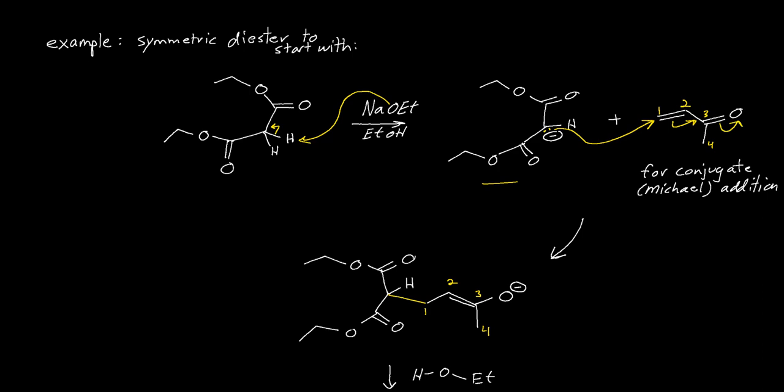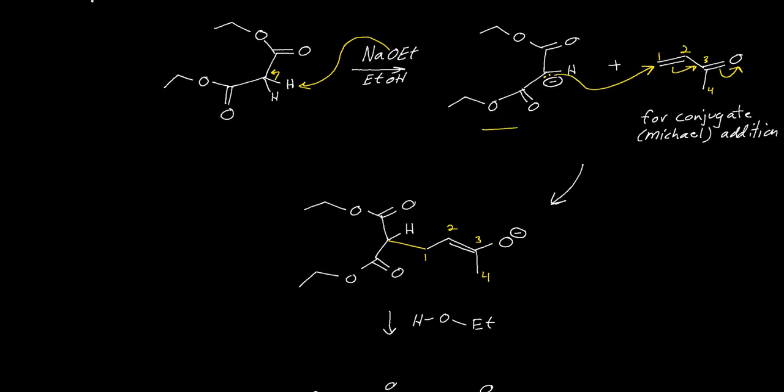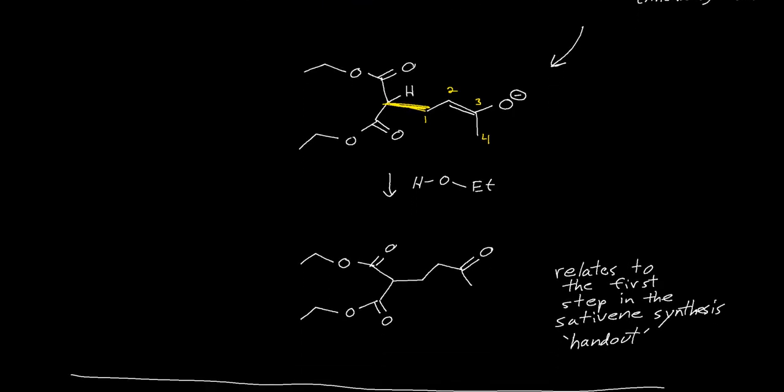So going back to the Michael addition in previous presentations, bond forming, bond breaking, bond forming, bond breaking, leads to the important new carbon-carbon bond right there, going below. And then protonation of this enolate usually happens like this from the alcohol solution that it's in.